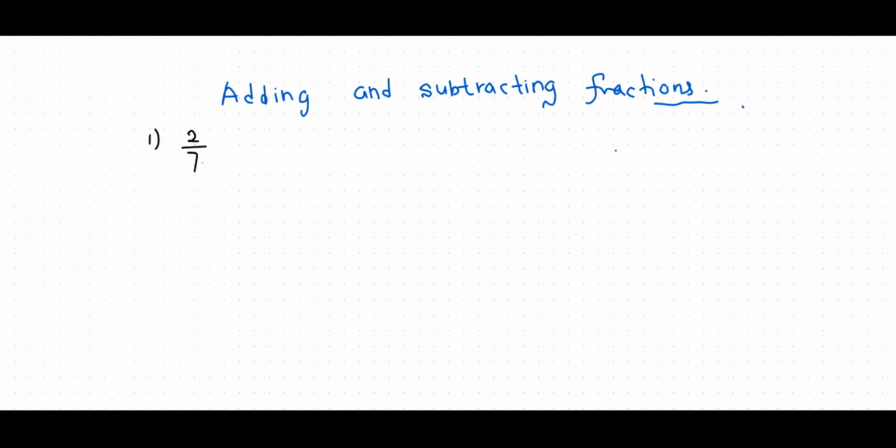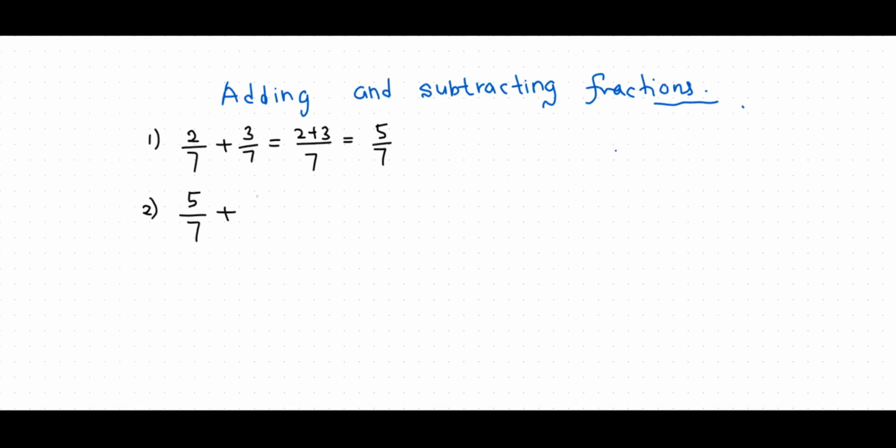Very easy. Denominators are same, so just add the numerators. 2 plus 3. Then it is 5 over 7. Then no issue if the denominators are same. What if they are different? Like 5 over 7 plus 2 over 3.